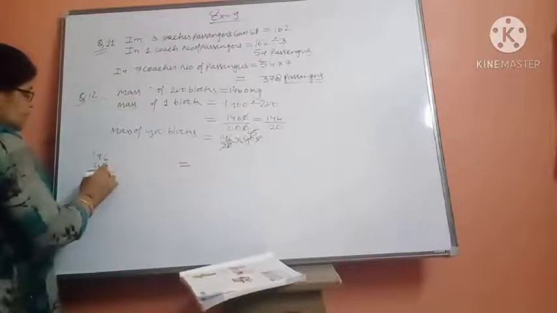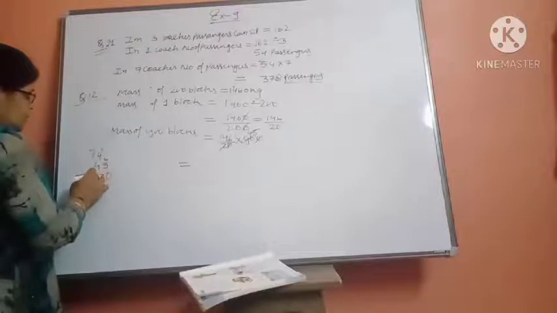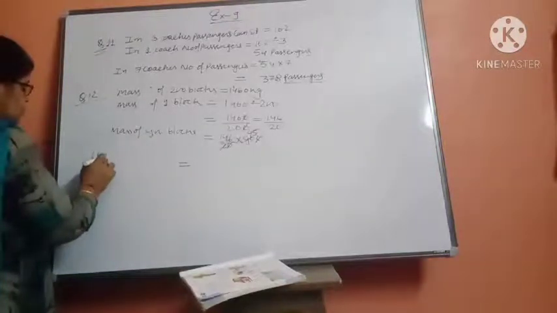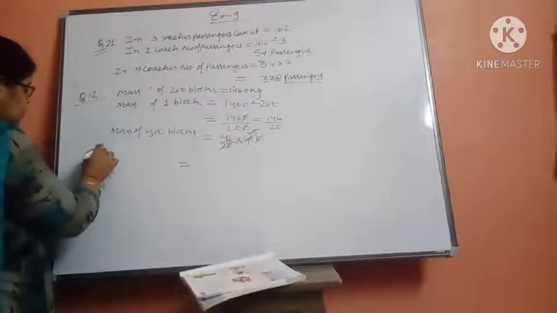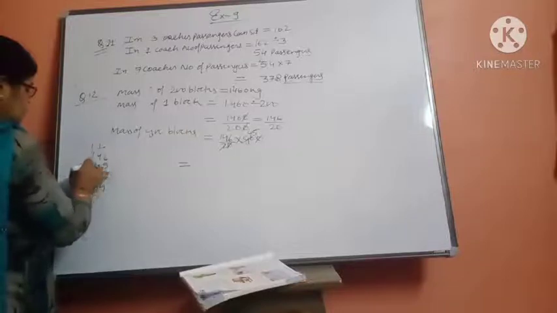6 5s are 30, carry 3. 5 4s are 20, plus 3 is 23, carry 2. 5 1s are 5, plus 2 is 7. Okay, now by 4 you can do the multiplication. 4 6s are 24, carry 2. 4 4s are 16 plus 2 is 18, carry 1. 4 1s are 4 plus 1 is 5.